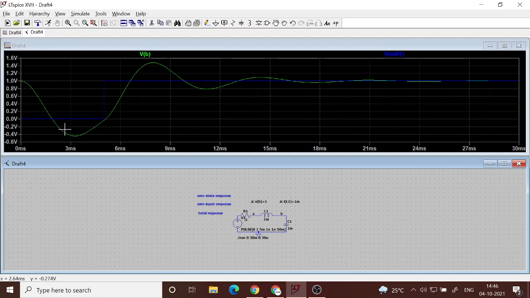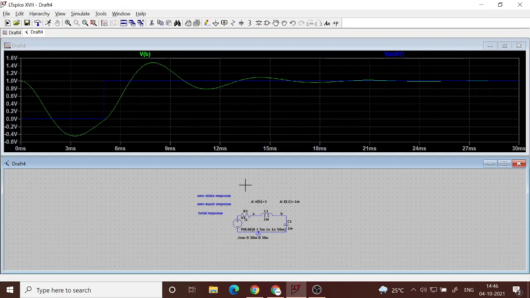Then, because of the step input, the zero state response also comes into the picture, and both are added up, and it is modified like this. What we plotted in the previous experiment, experiment number 4, and what I plotted just before this, they are getting added up, and the sum of these two is what we are now seeing as the total response.